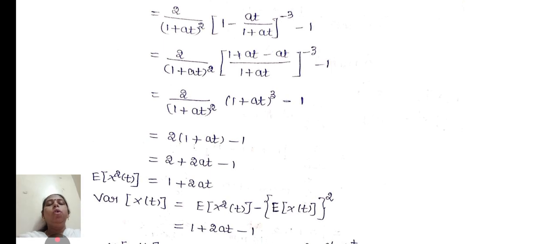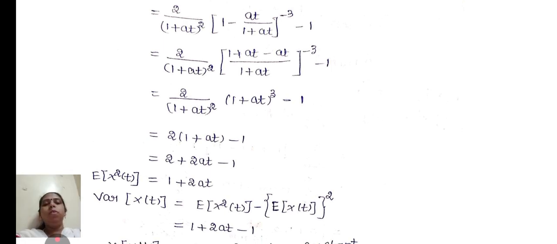Taking the LCM, the LCM is 1 plus at, so the numerator becomes 1 plus at minus at. The at will get cancelled, leaving 1 by (1 plus at) to the power minus 3. So 2 by (1 plus at) squared times (1 plus at) cubed. Cancelling, we get 2 into (1 plus at) minus 1, that is 2 plus 2at minus 1, which is equal to 1 plus 2at. So E of X squared is 1 plus 2at.